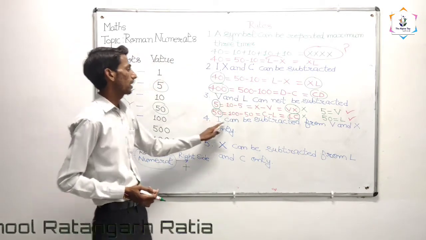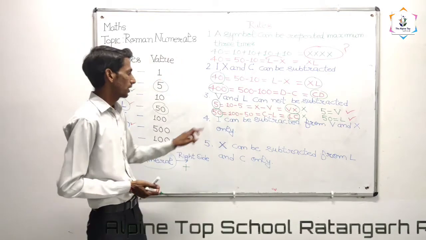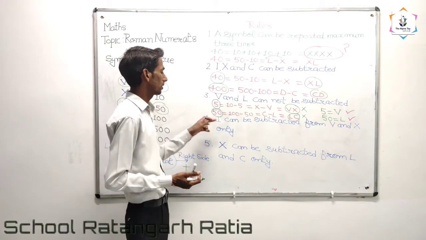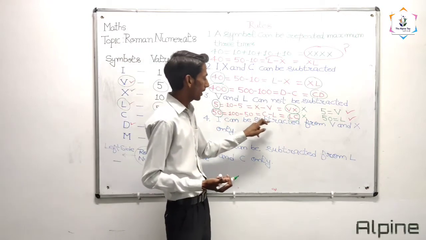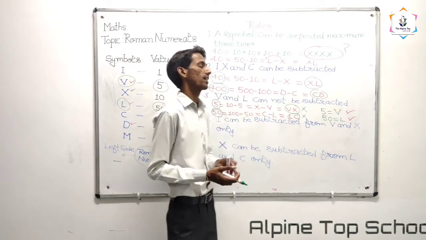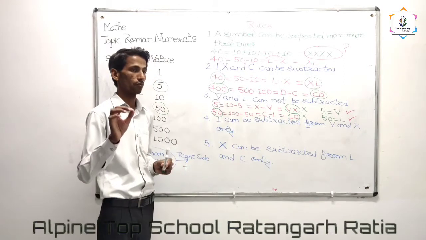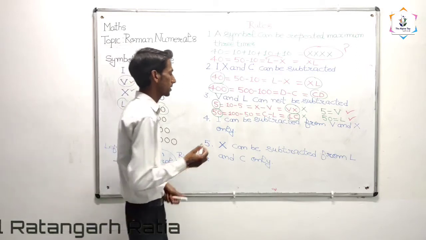Next rule, I can be subtracted from V and X only. Students, it means for 1 we are using the Roman numeral capital I, which can be subtracted from V and X only, not from other Roman numerals. See some examples.